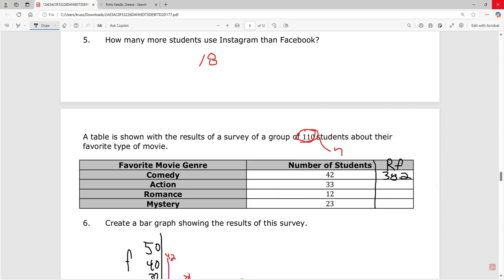Okay, then 33 divided by 110 is 30%. Relative frequency is in percentage. Okay, 12 divided by 110 is like 11%. And then 23 divided by 110 is like 21%.